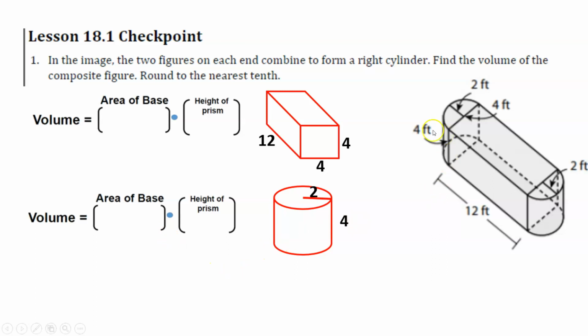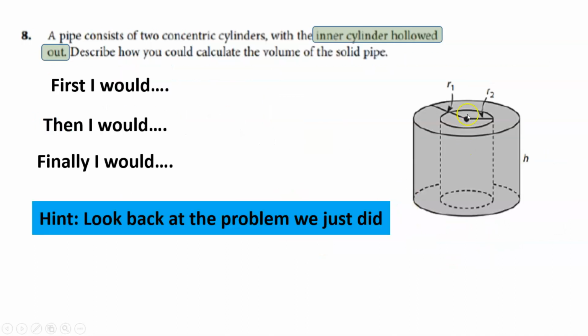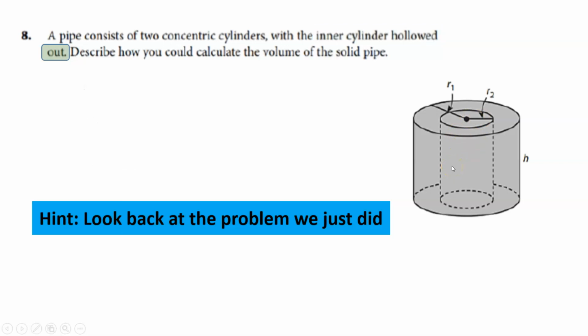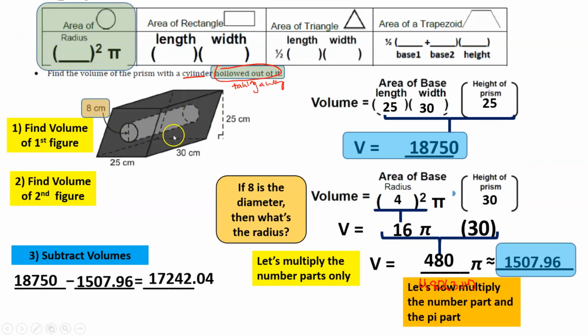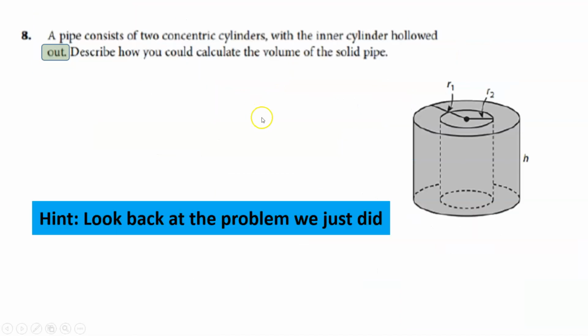I will say once you've calculated both volumes, make sure you add the volumes together. If you're wondering, when do I add and when do I subtract? Whenever the shapes seem to be attached to each other, much like this one is, we're going to add. Whereas when we're hollowing something out where one shape is within another, much like you see here, we'll subtract. They also use the words hollowed out sometimes.